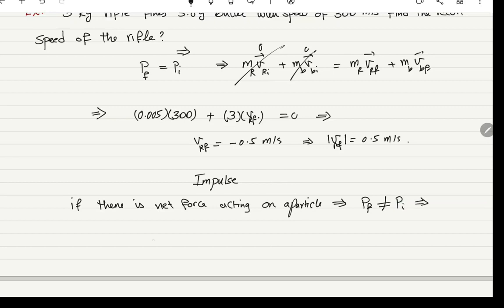In other words, F net equals delta P over delta T, and in this case delta P equals F net delta T, and delta P in this case is impulse. So impulse equals P final minus P initial and equals F net delta T.